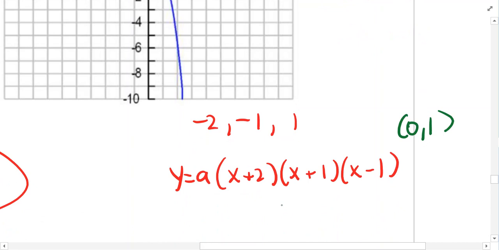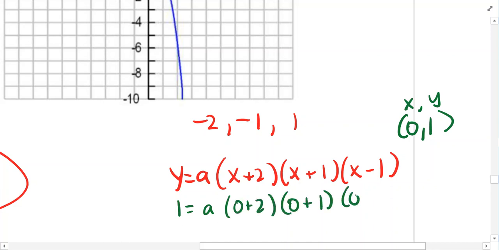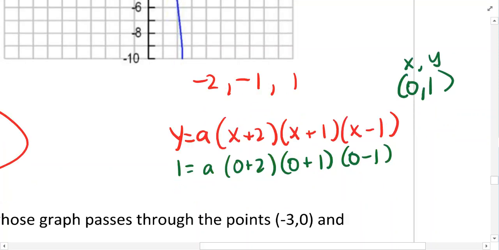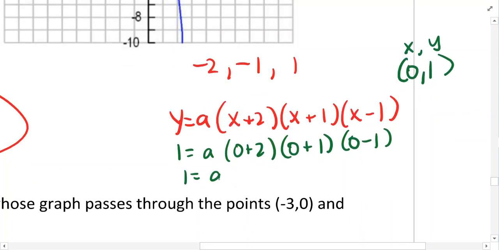So what I'm going to do, because my points are labeled x, y, so say 1 equals a times 0 plus 2, 0 plus 1, and 0 minus 1. So then 1 equals a, 2 times 1 times -1. So 1 equals -2a. Oh, so a is -1/2.